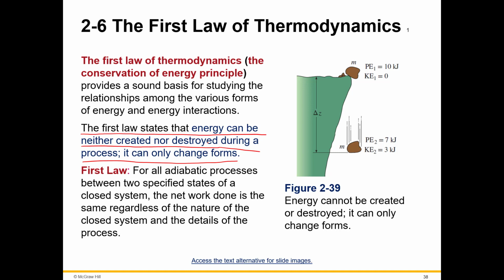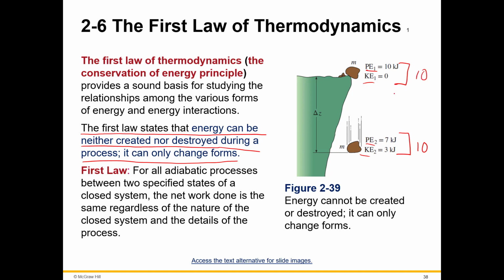All of our energy comes from the sun. We cannot create the sun. So I want you to think of it that way, and you can't destroy the sun. So just think of that. We are only transferring it. We are only changing forms. Just like this example on the right where it's changing from potential energy to kinetic energy, but we still have 10. We still only have 10.